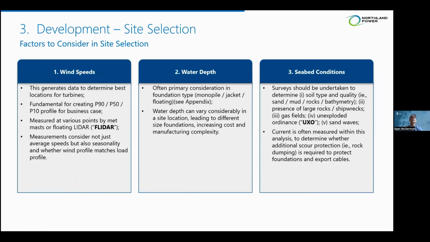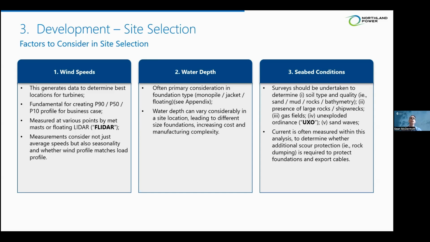When we're looking at an area, what is it that we're looking for? Well, the first thing is how good is the wind? There are parts of the world where there's efforts to develop offshore wind that are struggling a little bit because the wind speeds aren't excellent. You do want to ensure that the wind that you have is consistent and measurable.